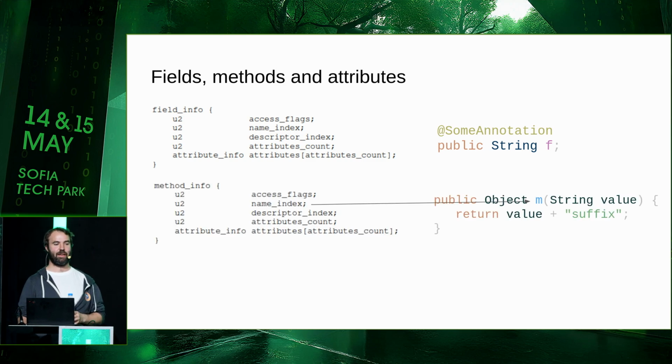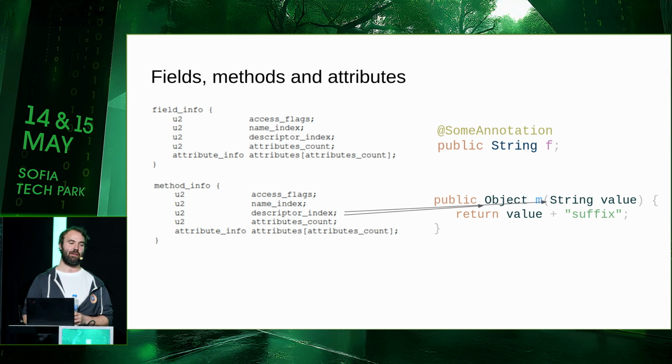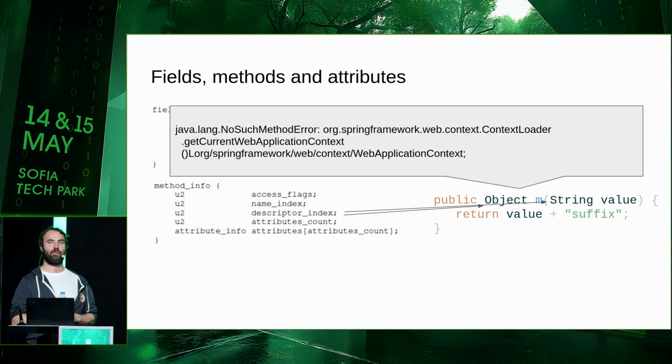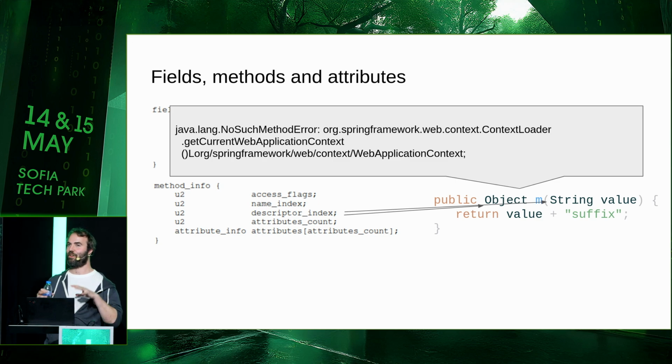Same goes for methods. Methods will have an access flag, a name, and a descriptor. The descriptor is basically a concatenation of the parameter types and the return type, and those you might even have encountered in your career. If you find a NoSuchMethodError, those will leak the class file internals. They won't mention the Java names and Java type descriptions.